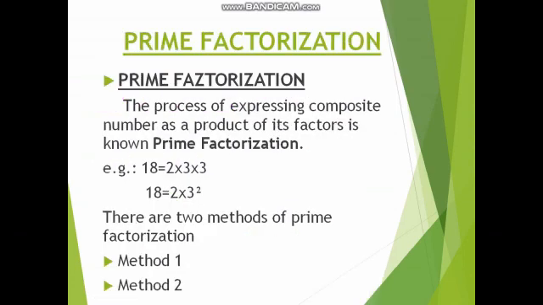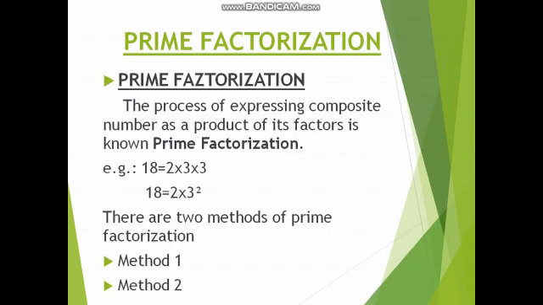Now the next topic is prime factorization. The process of expressing a composite number as the product of its prime factors is known as prime factorization. It means you are dividing a number multiple times by different numbers or by the same number until it is completely divided.